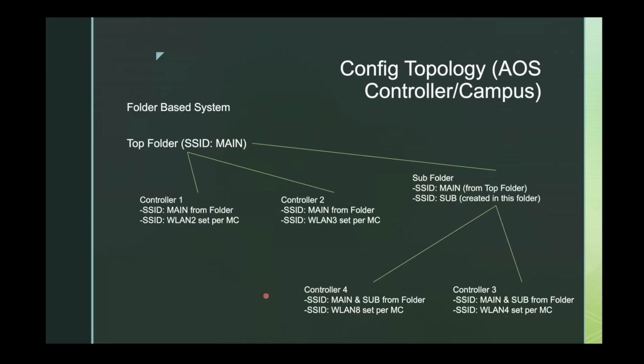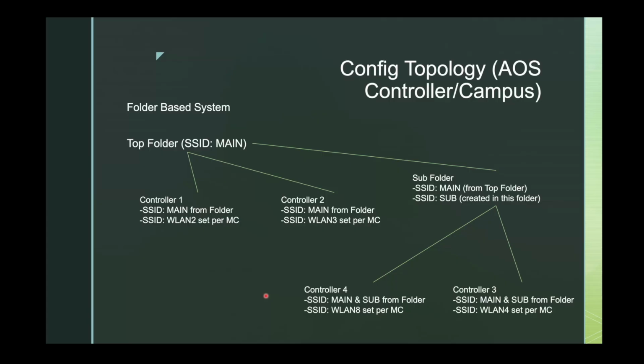Now, last thing we're going to get into is the config topology when using a mobility master. Mobility controllers on their own are standalone appliances with really no way to sync their configs. The mobility master is what gives you multi-site configuration over multiple mobility controllers.